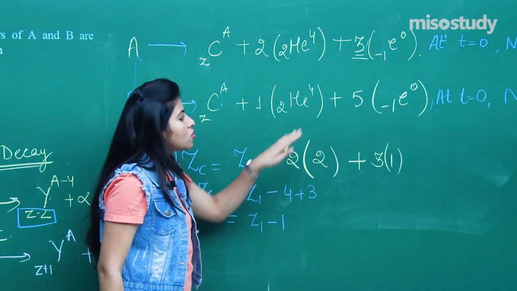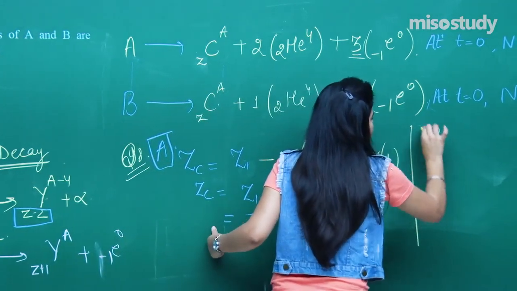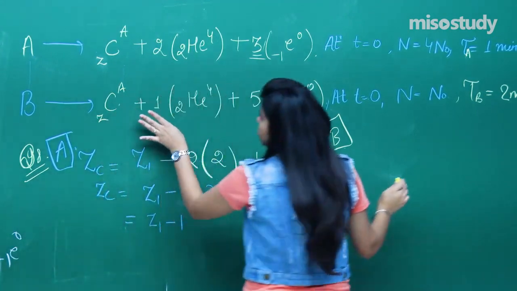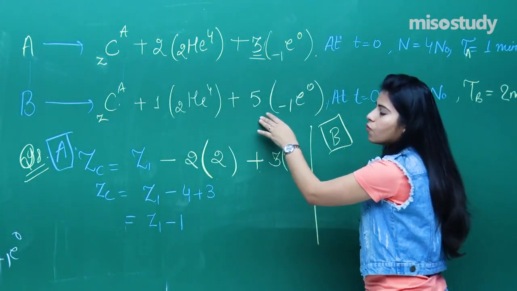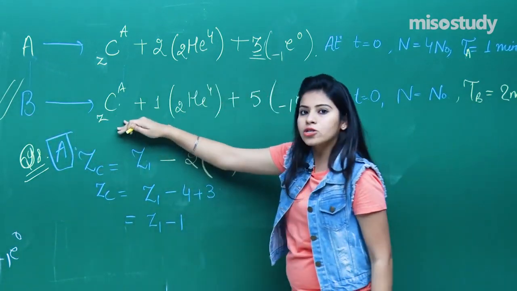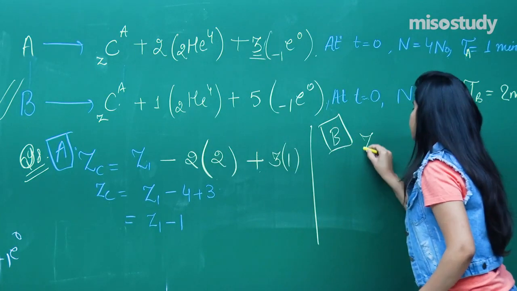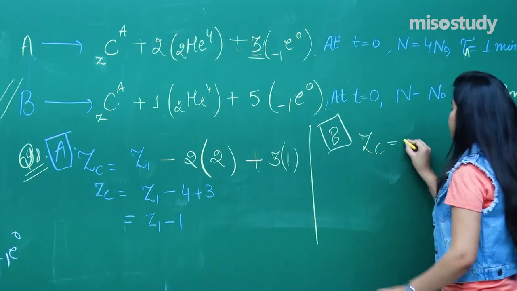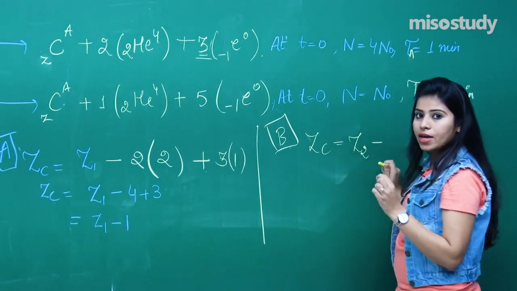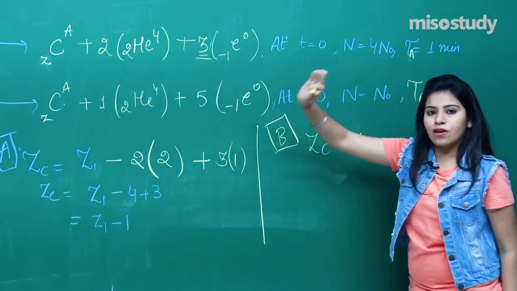Now for the case of B, just watch out for this condition. B is converting into C by emitting one alpha particle. So ZC in this case will be ZB minus 1 alpha particle.